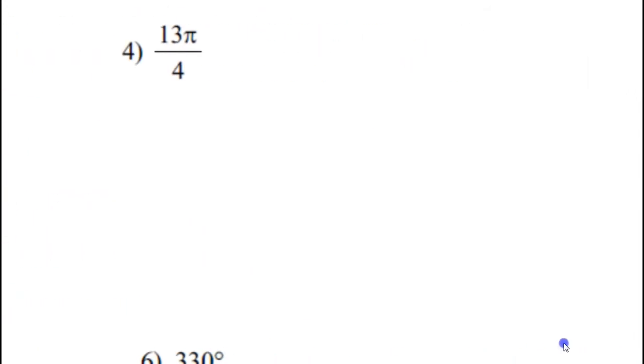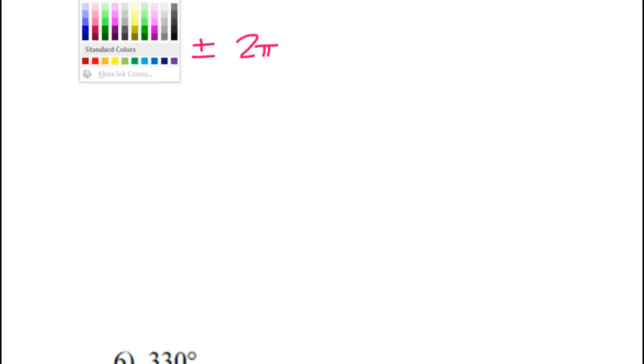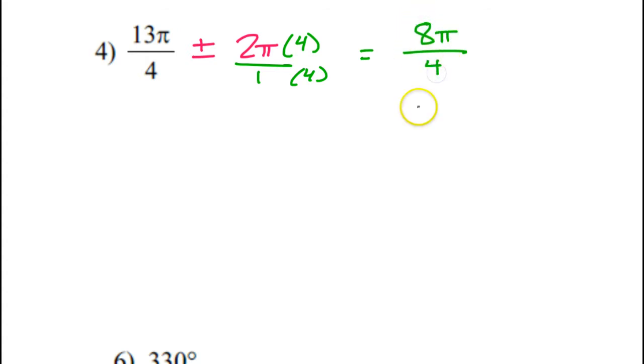Let's do the same thing one more time with 13 pi over 4. Again, we can find coterminal angles by adding and subtracting 2 pi. But we need to write that in a form that has a denominator of 4 because we need like denominators. So I'm going to multiply by 4 in the numerator and the denominator. That's going to give me 8 pi over 4.